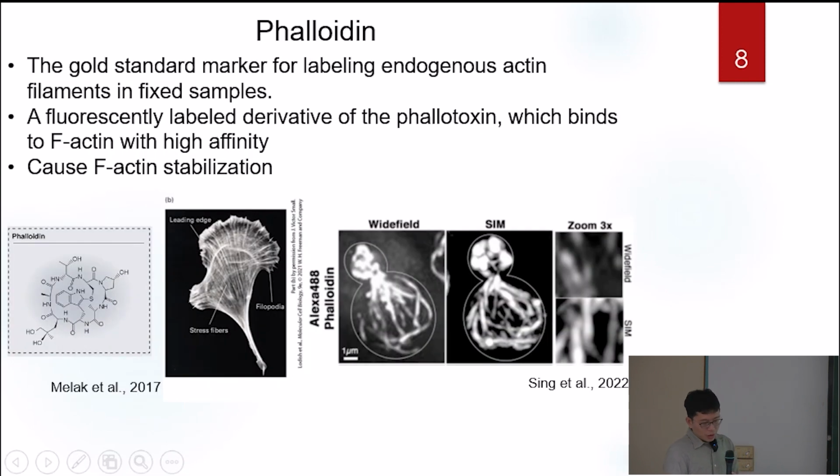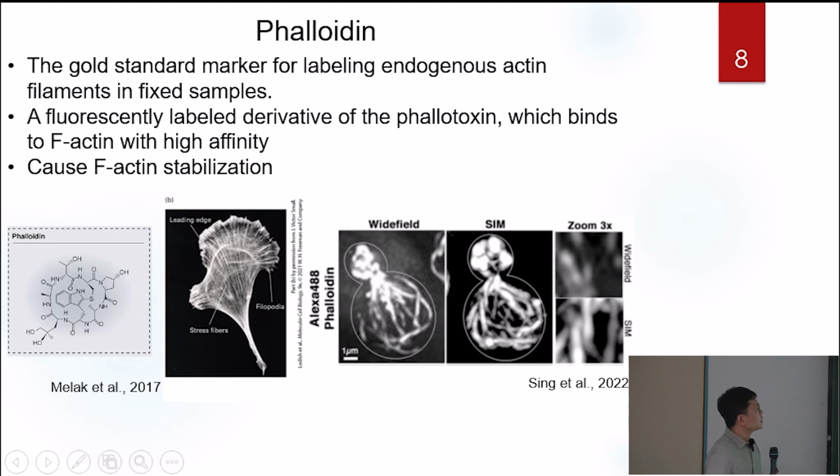Okay. So the first method is to use a small molecule. The very famous one is phalloidin. Probably most of you have heard about that. Phalloidin is a derivative of phallotoxin, a kind of toxin from mushrooms, and it can bind F-actin with very high affinity.